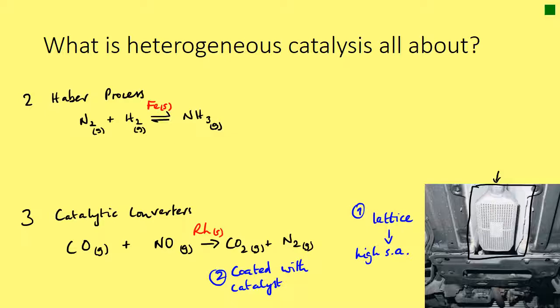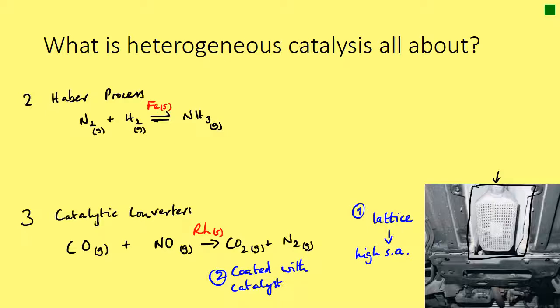So this reaction here of carbon monoxide and nitrogen monoxide to carbon dioxide and nitrogen happens on the surface of the catalytic converter. And so it doesn't really matter what the middle of that catalytic converter is made of. It only matters that the surface is made of rhodium.